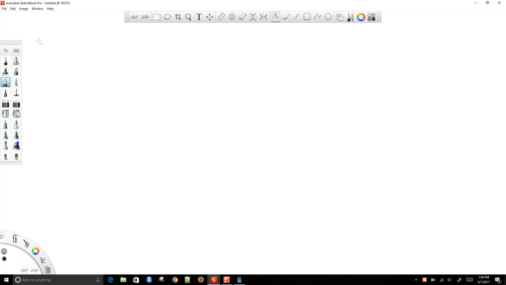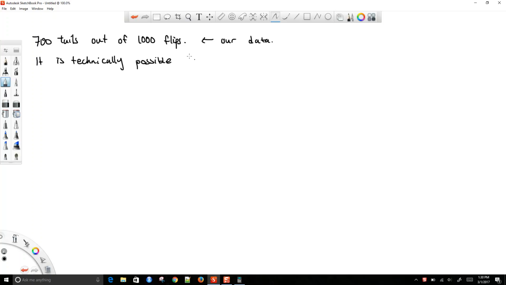This is our data: 700 tails out of 1,000 flips. So it is technically possible to get this data if the game is played fairly.